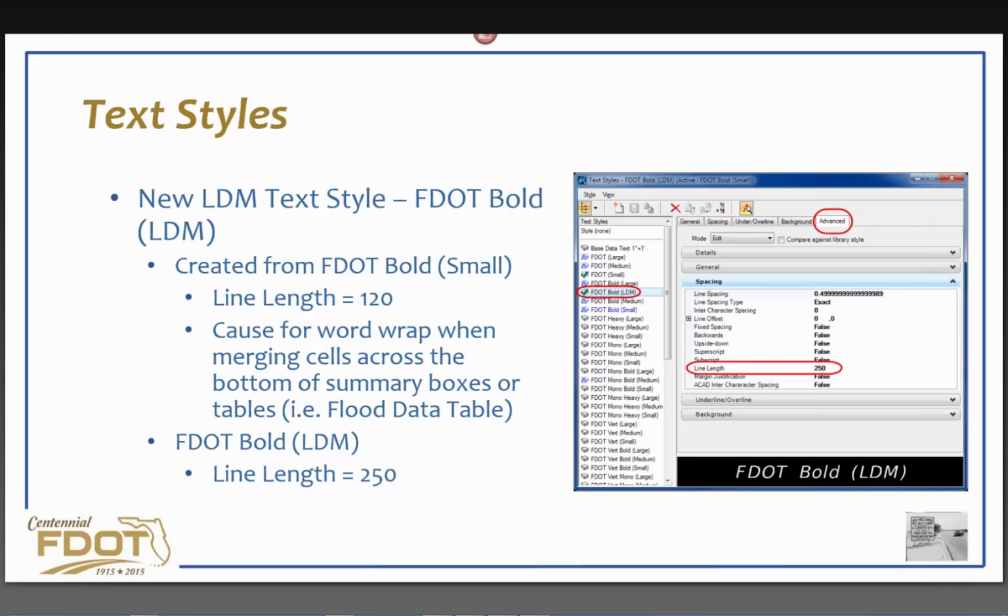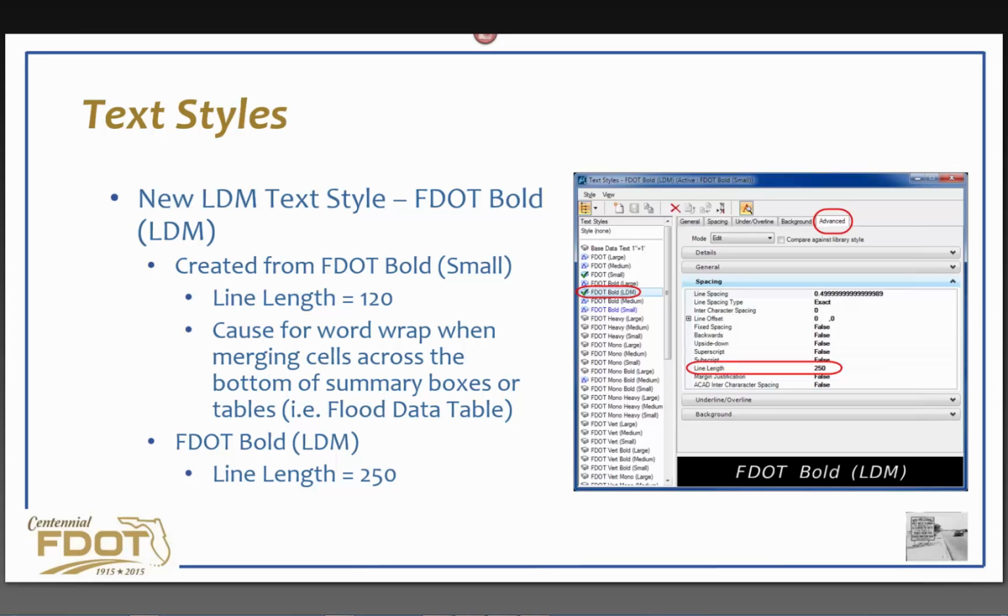What else is new? We've added a text style for use with LDM, and basically I took the FDOT bold small and copied it and then renamed it FDOT bold LDM.